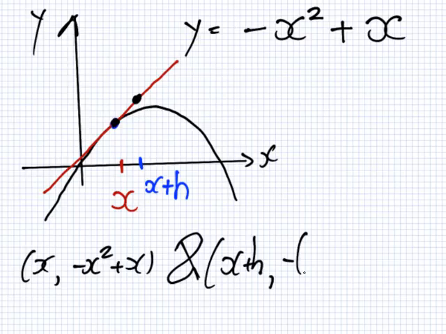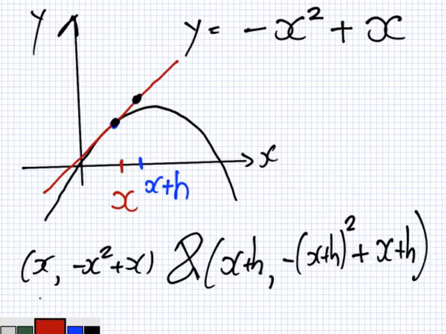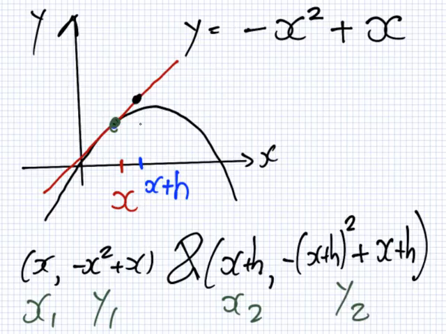Minus x plus h squared plus x plus h. So this is like x1, y1 here, and this one is like x2, y2 here. And let's calculate the slope of this one now.